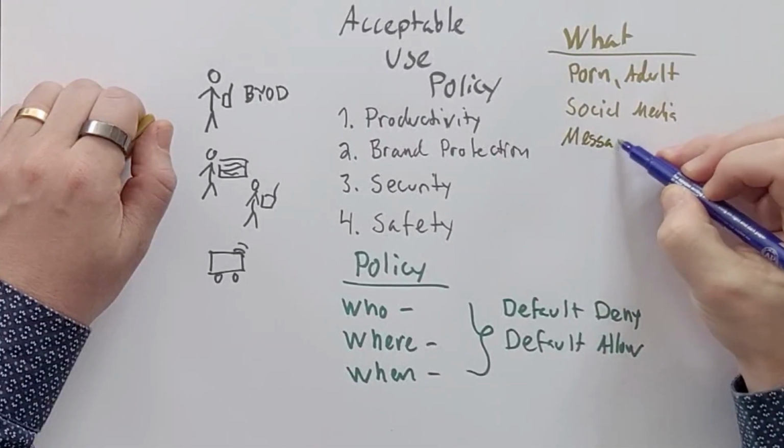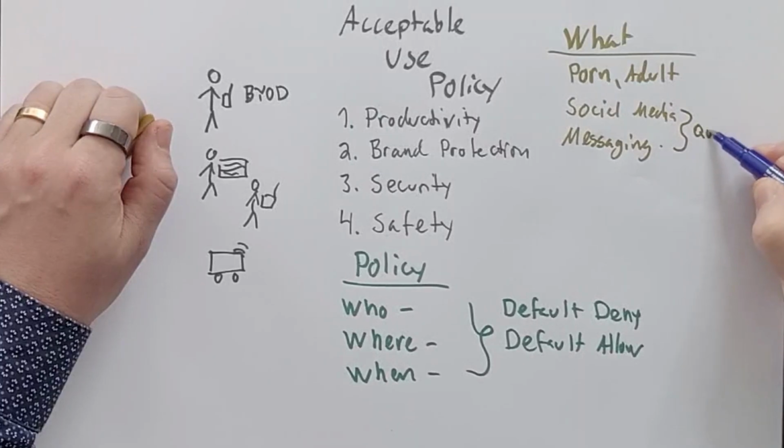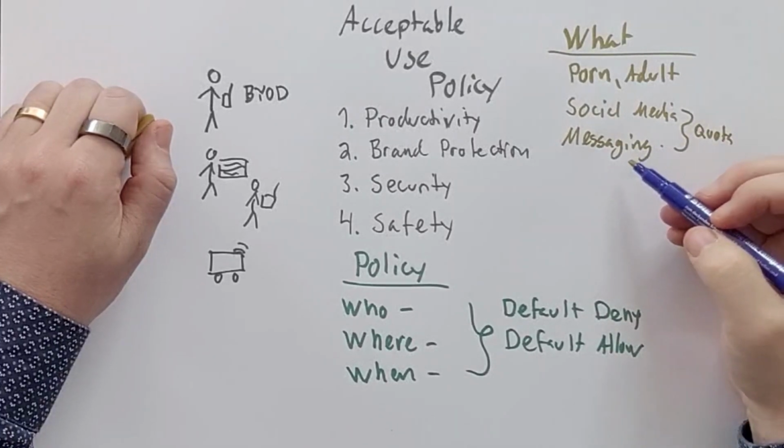Messaging. Probably okay, but if they're uploading large videos or hundreds of gigabytes per day, then that could be concerning. And so these two here, you may want to look at a quota. Like a little bit is okay, but not too much.